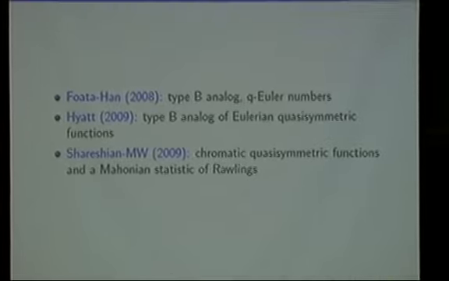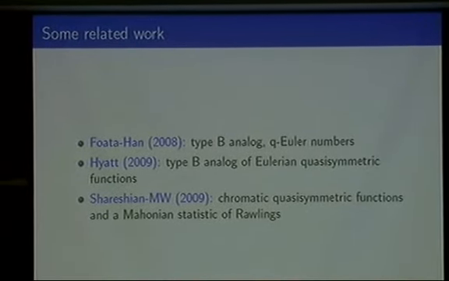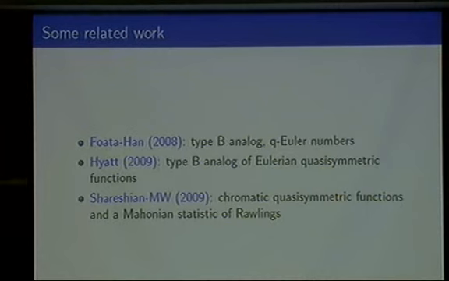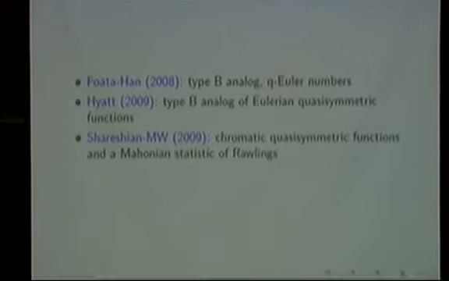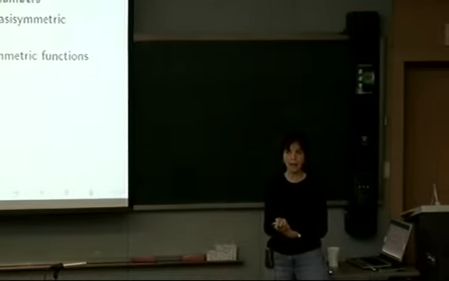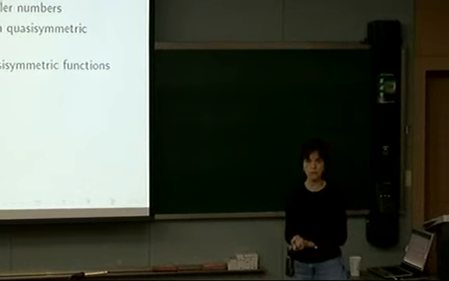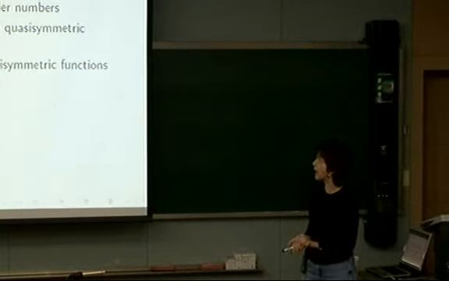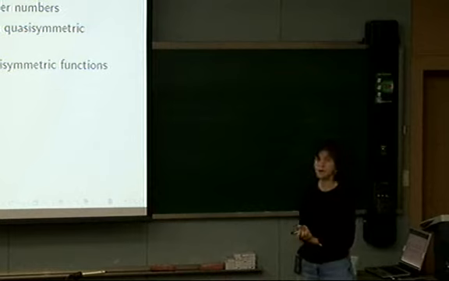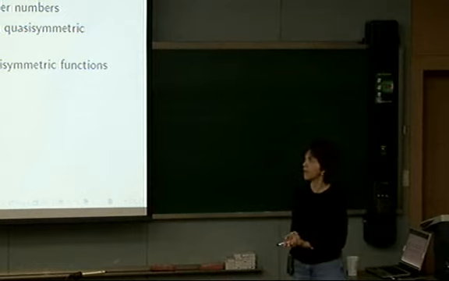Okay, so let me close by talking about some related work, just mentioning it actually. Fawad and Han got a type B analog of the Eulerian polynomial formula, and their formula specializes to our formula. And they also look at a q analog of Euler numbers in another paper. So they have two follow-up papers.